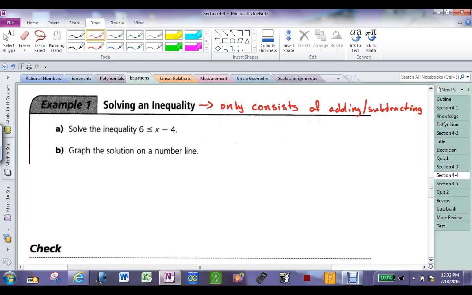So let's have a look at that and see if we can solve it. What is our job, as always, whenever we see a variable? Isolate the variable. So step 1 is to isolate.